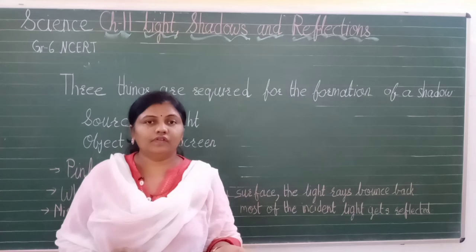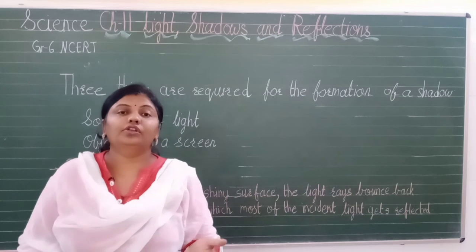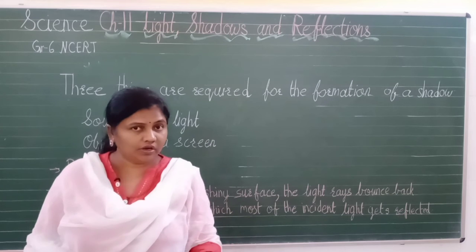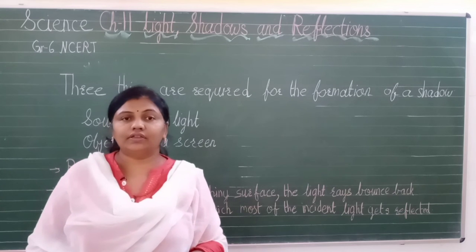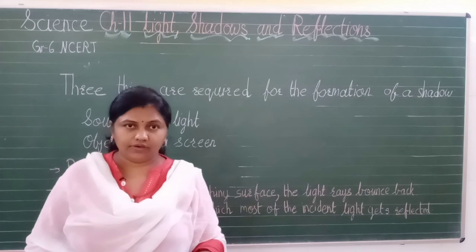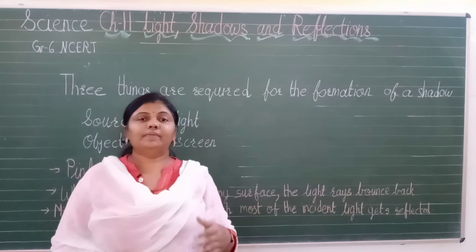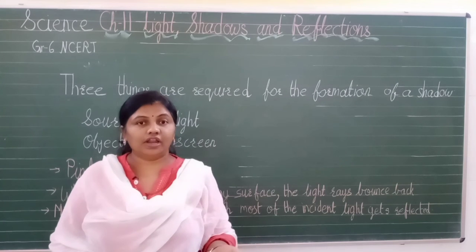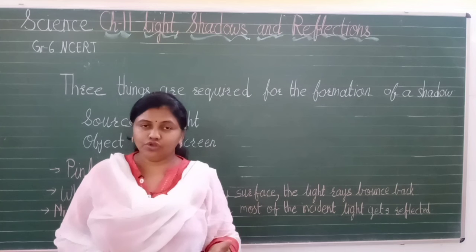And you are also aware of luminous objects. Luminous objects are the objects which emit their own light, and non-luminous objects are the objects which do not have their own light. A very good example of luminous objects is the sun, torchlight, stars, and so on.